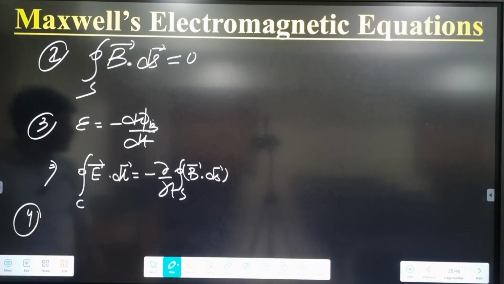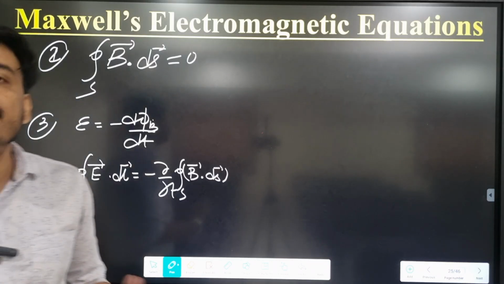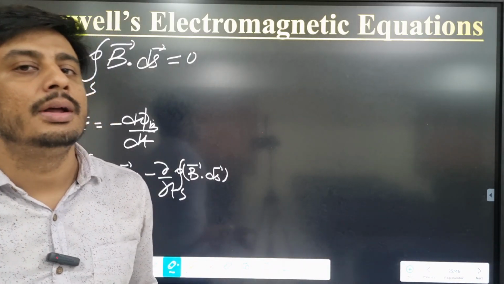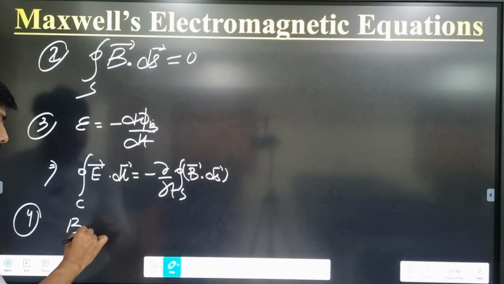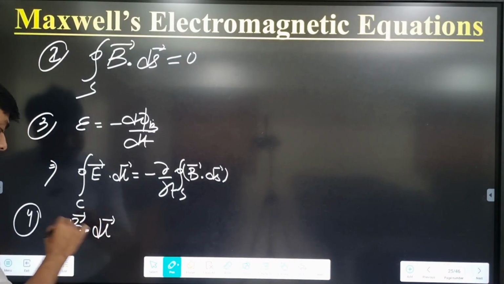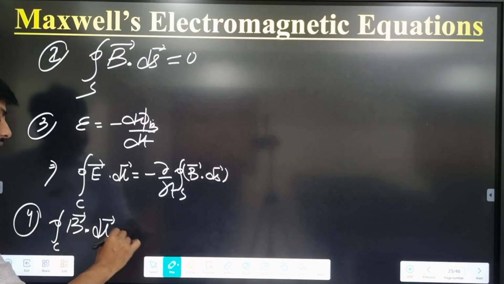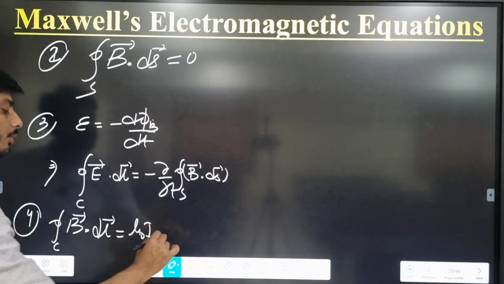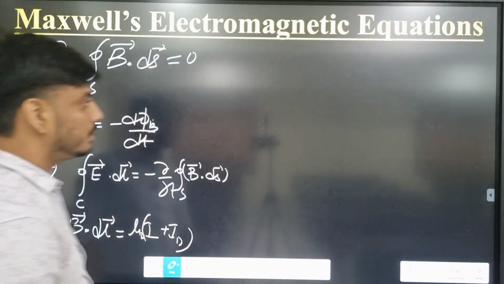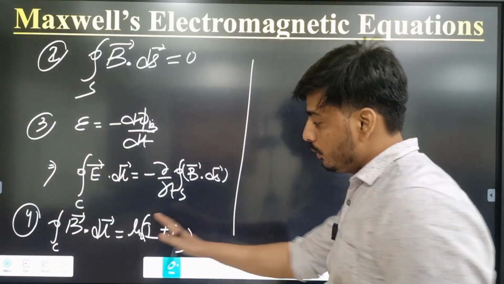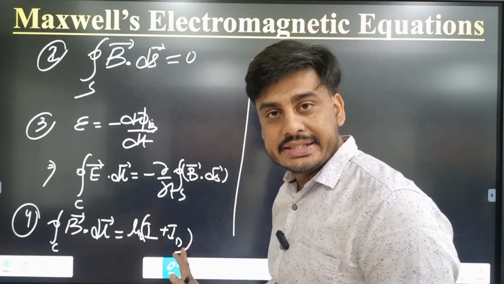Then the fourth equation: we already know Maxwell's modification of Ampere's circuital law, that is integration over C of B dot dl equal to mu naught times I plus ID. This is the original equation. Now on the right hand side we can convert from current to current density.